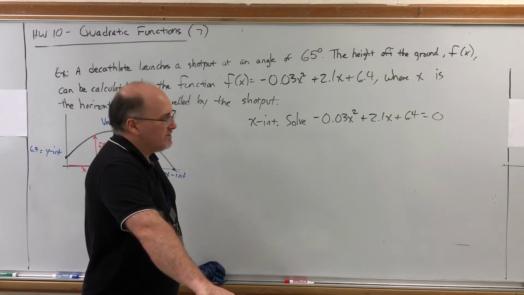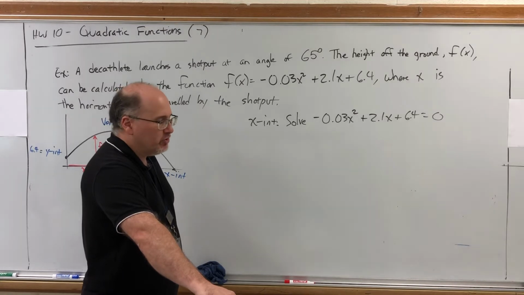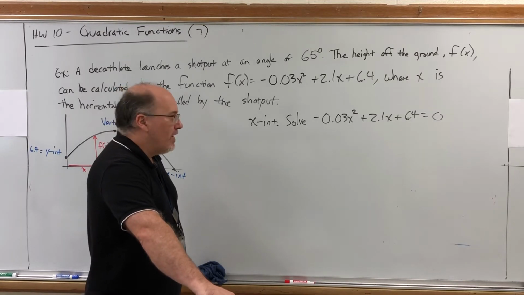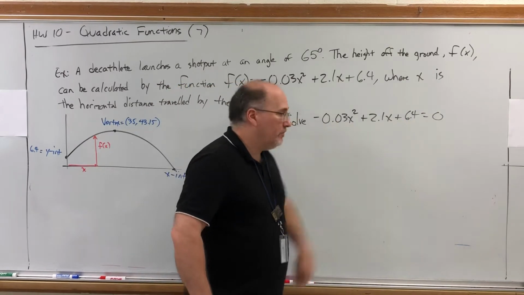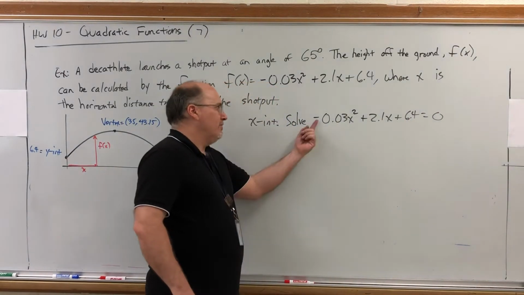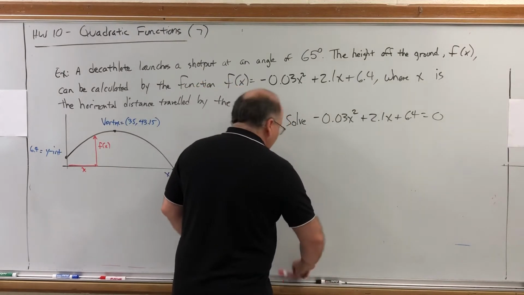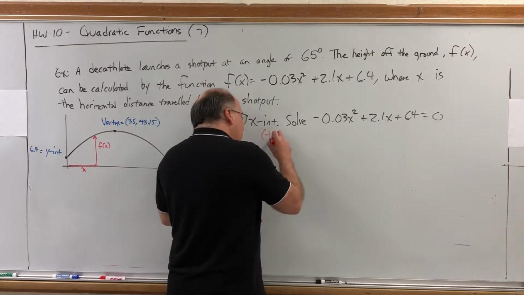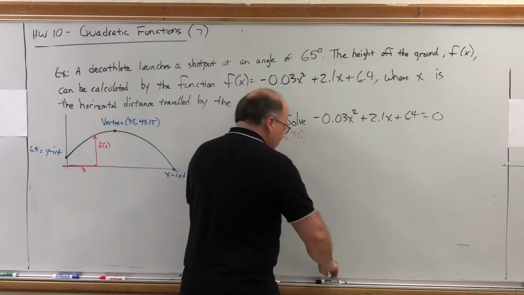I can move all the decimals 2 places to the right if I multiply everything by 10. Excuse me, by 100. Why 2 places? That would kill this decimal and those. But if I multiply by negative, it'll change this positive. So I'm going to do myself a favor, and you don't have to do this. You can do the quadratic formula on all the numbers that you see there.